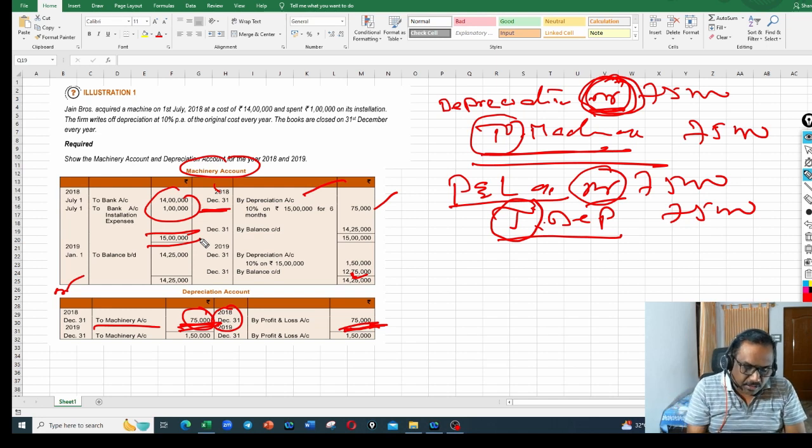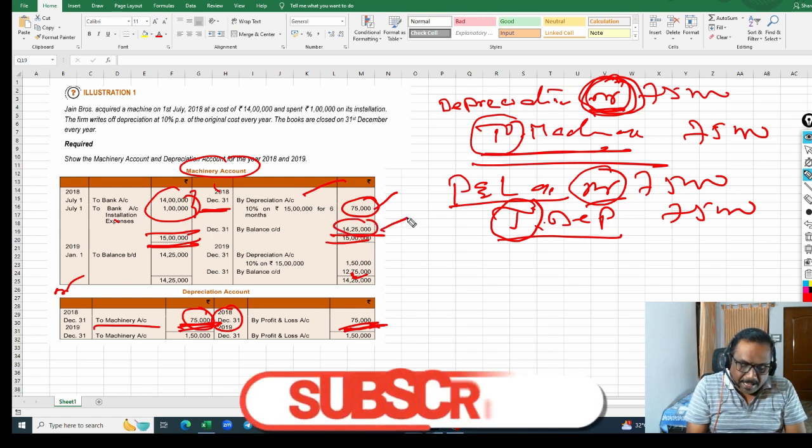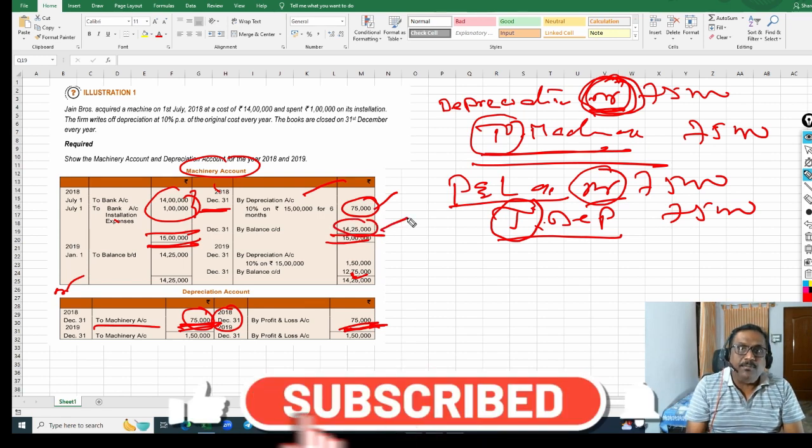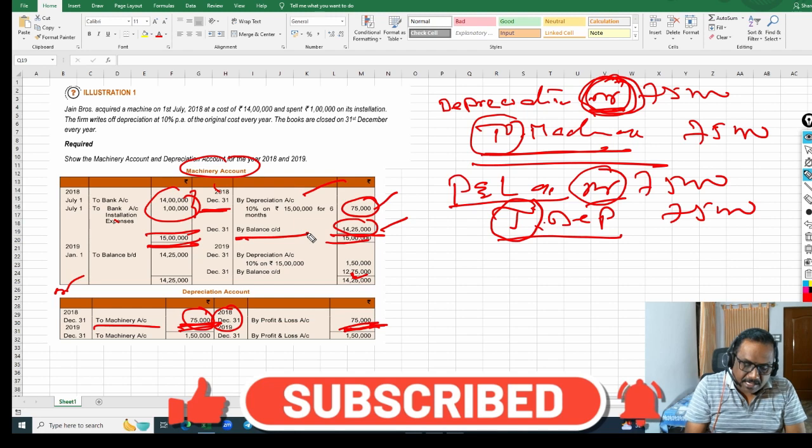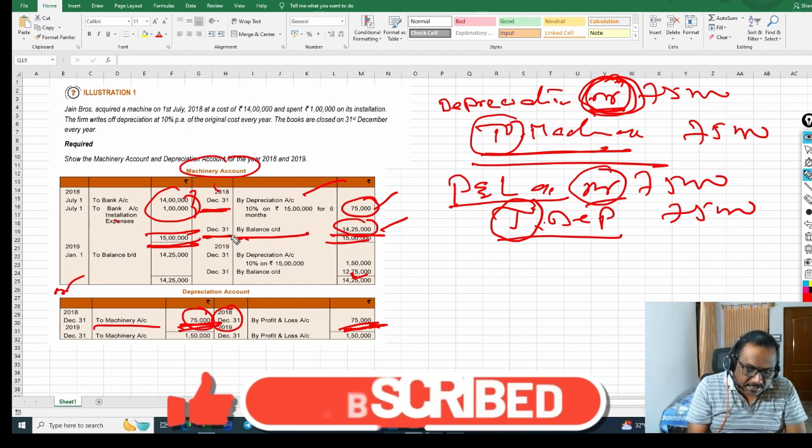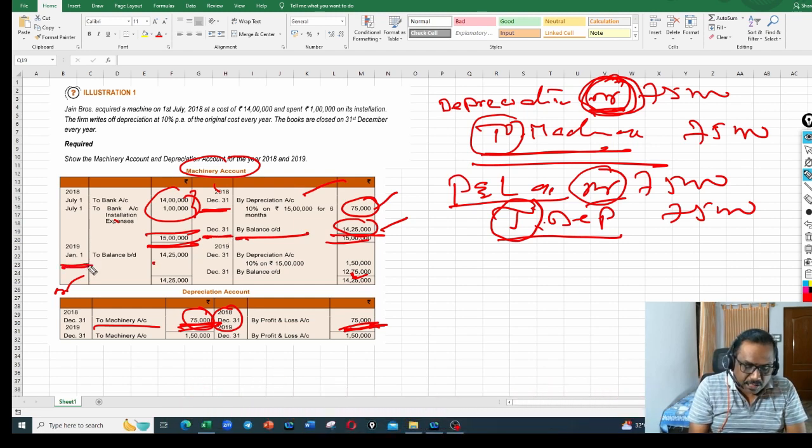So we are totaling this on the debit side, and the same 15 lakhs I kept here, and when I take out 75,000, I have a balance of 14 lakhs 25,000 in my machinery account. So by balance carried down on 31st December, and next year, 2019 January 1st, I will put that as to balance brought down 14 lakhs 25,000.